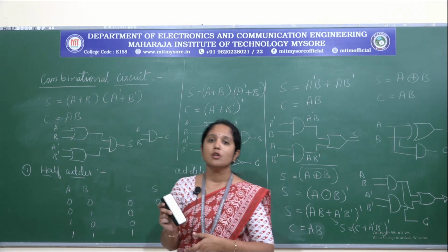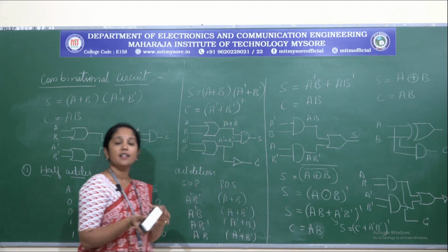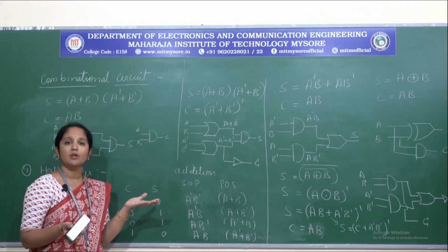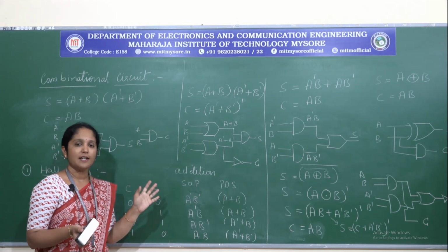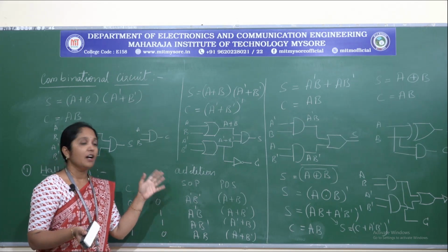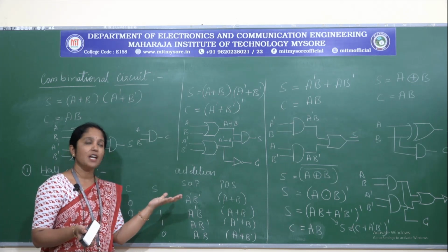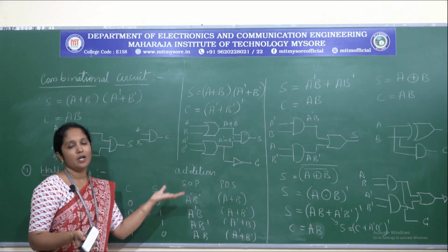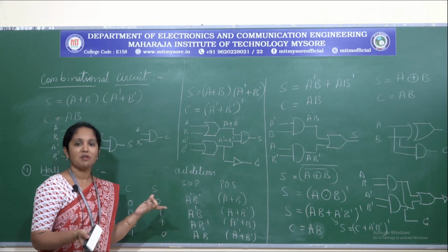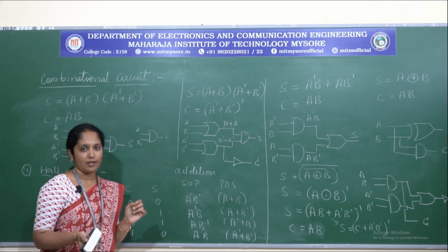In full adder we have one more variation: we can represent a full adder using 2 half adders. Let us first understand how to write the truth table and the circuit for full adder. Later we will see how to realize a full adder using 2 half adders, and we require one more additional gate in that, that is an OR gate.